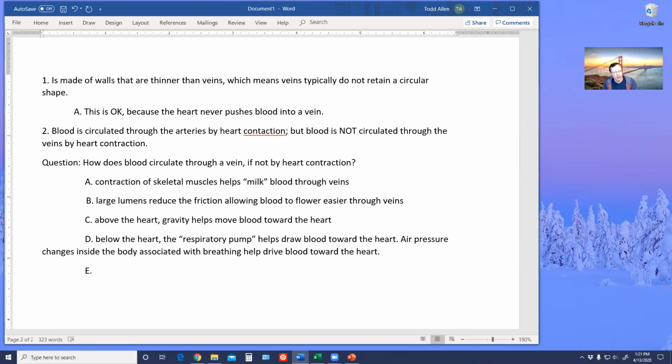There are tiny little valves inside your veins, and they work as one-way turnstiles. In other words, when blood moves past, the valve closes and prevents any blood from going backwards. So the presence of these valves helps to ensure that the blood is continually moving towards the heart and doesn't backflow.